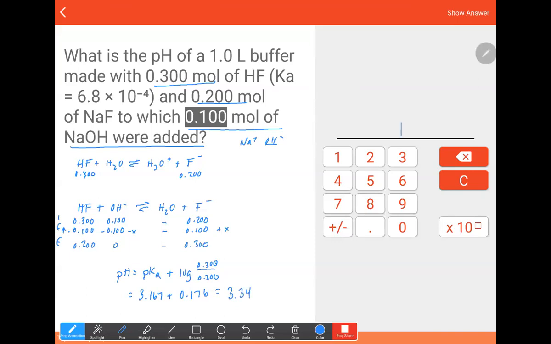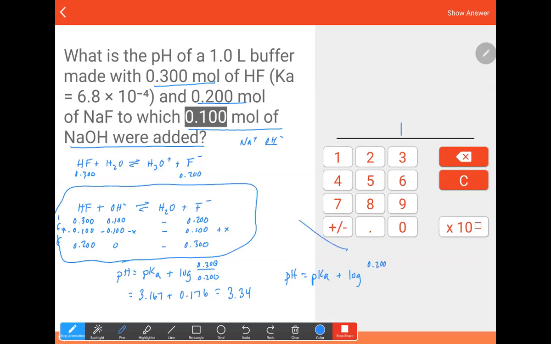So I'm going to write 3.34. Another way to write it, if you can just visualize this, would be pH equals pKa plus the log of our original 0.200 of our F minus, which we saw up here, plus 0.100 on the top, and then here we had 0.300 and we minused 0.100.